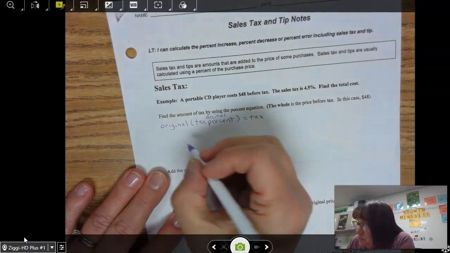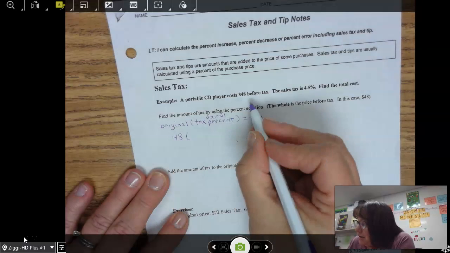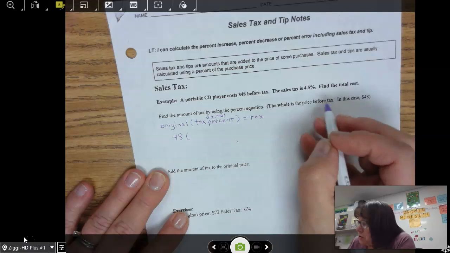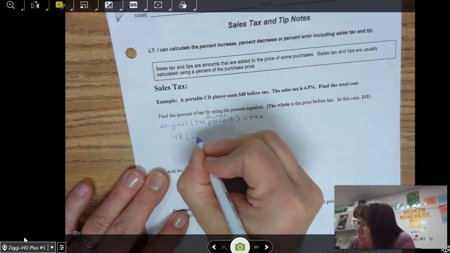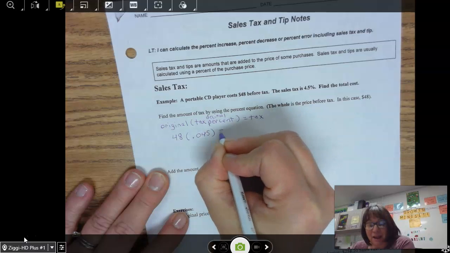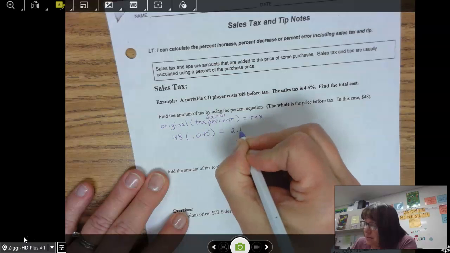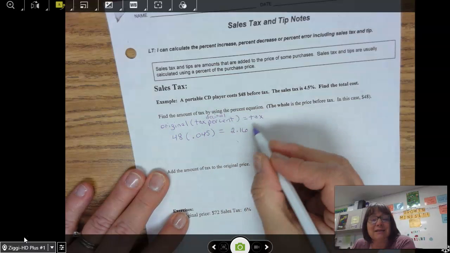So the price was $48. I'm going to multiply that by 4.5%. I'm going to move it over twice. That would be 0.045. And when I do that, I get $2.16. This is my tax.